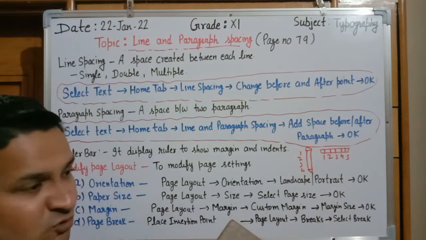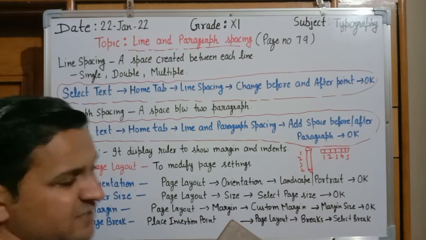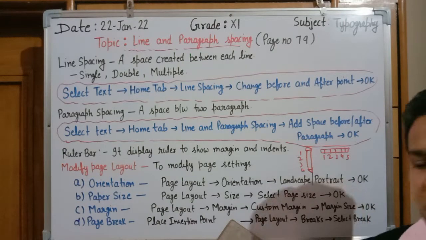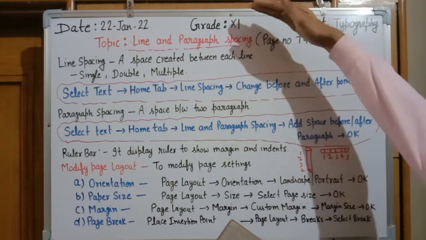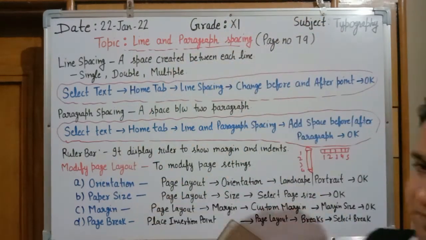Afterward go to the page layout option, then select the breaks option, and out of the breaks you will select the page break. Page layout is your tab, breaks is your group, it is your option. It will display the upper part on the first page, and the next part will go to the next page.